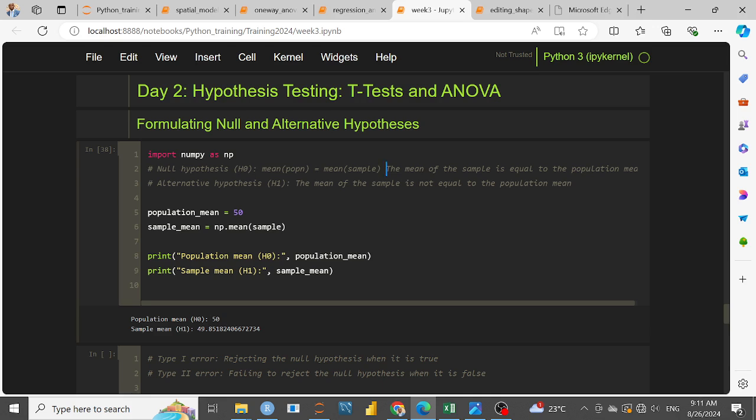Now we must set a decision rule. Decision rule, we comment it.